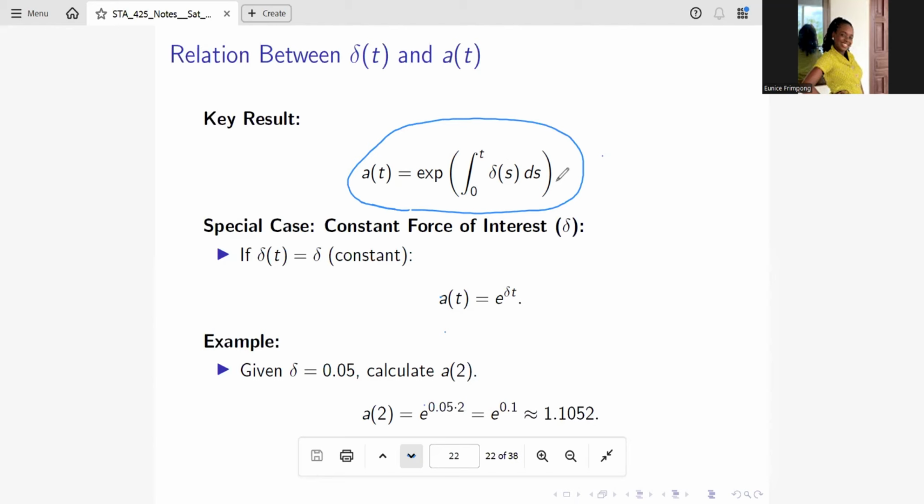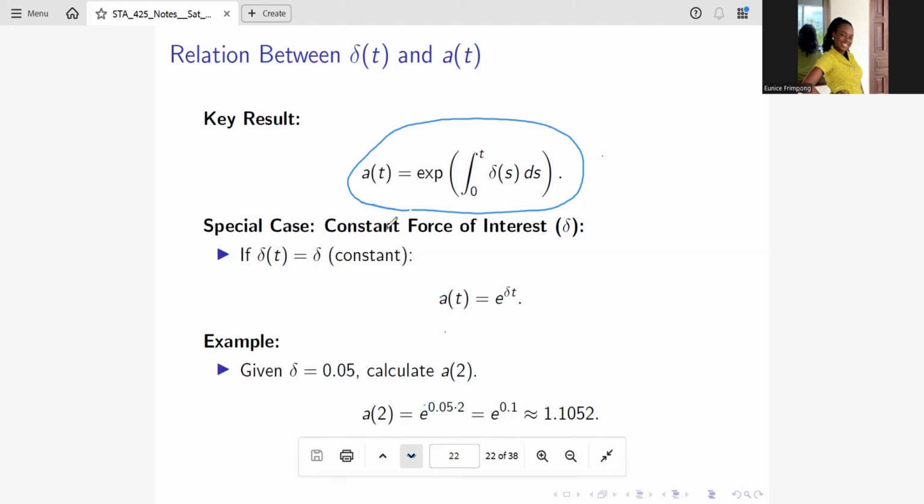All right. Now, the special case may be where the constant force of interest exists. In that case, it means that your force of interest does not change with respect to change in time. So no matter what time we are referring to, the force of interest remains the same. So we are saying that delta t is equal to delta, where delta is a constant.